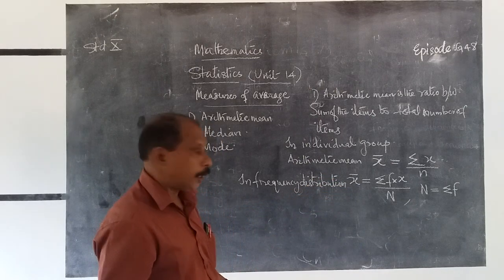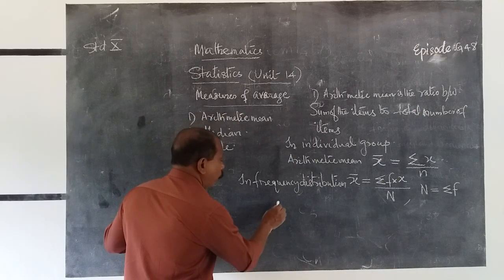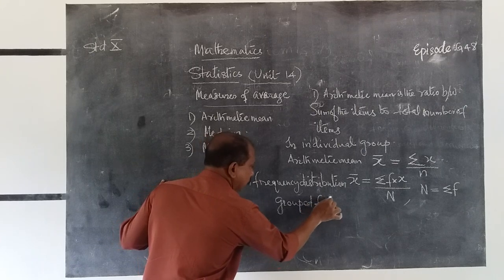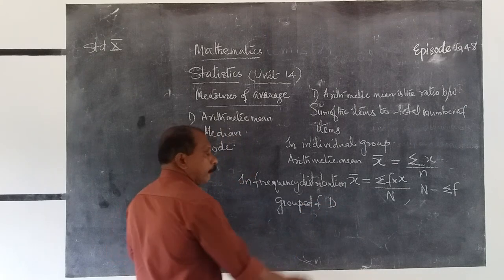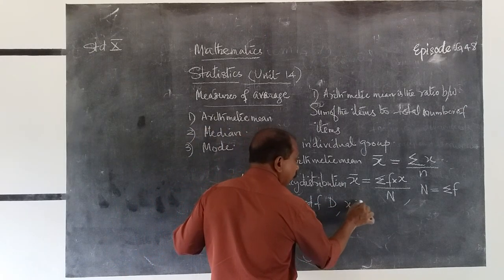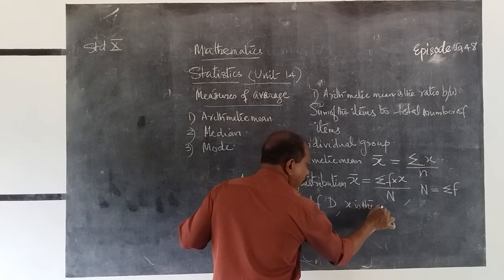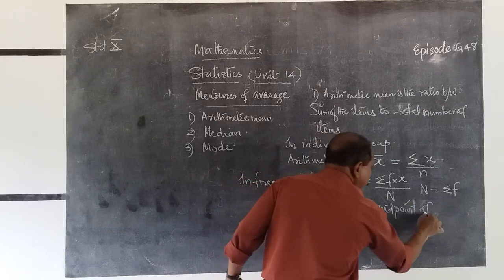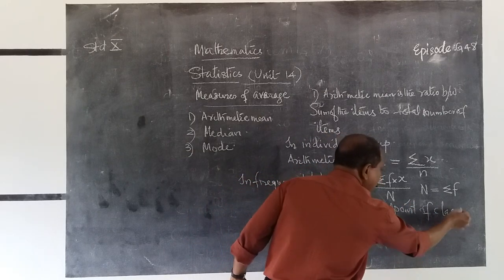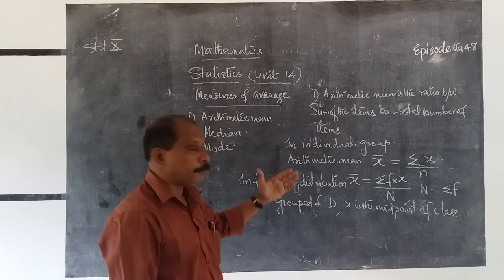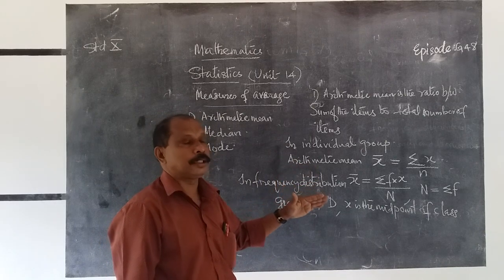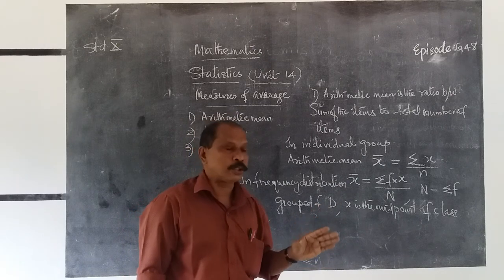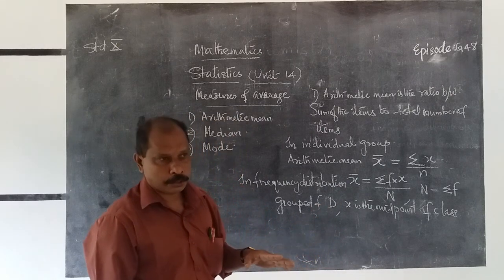Clear? Therefore, for grouped frequency distribution, we know that x is the midpoint of class. Clear? That means arithmetic mean is the first measure to find out the representative average. That is the most commonly used and more accurate measure.